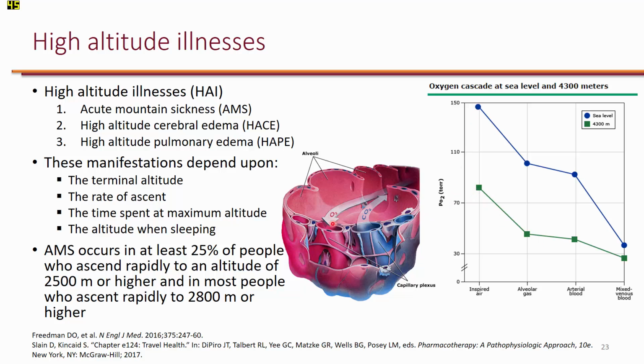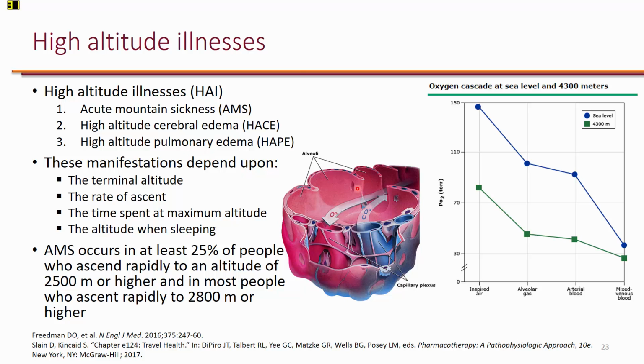Because normal lung function is based on normal oxygen levels, at higher altitudes the lung will not be able to have enough oxygen. So what does that mean?